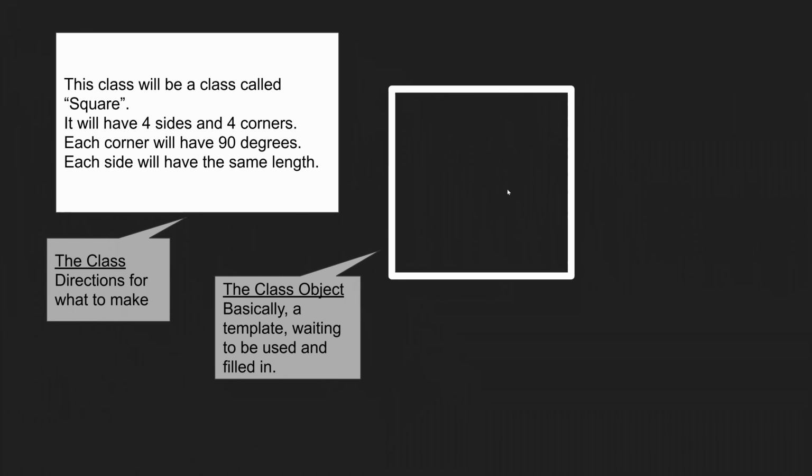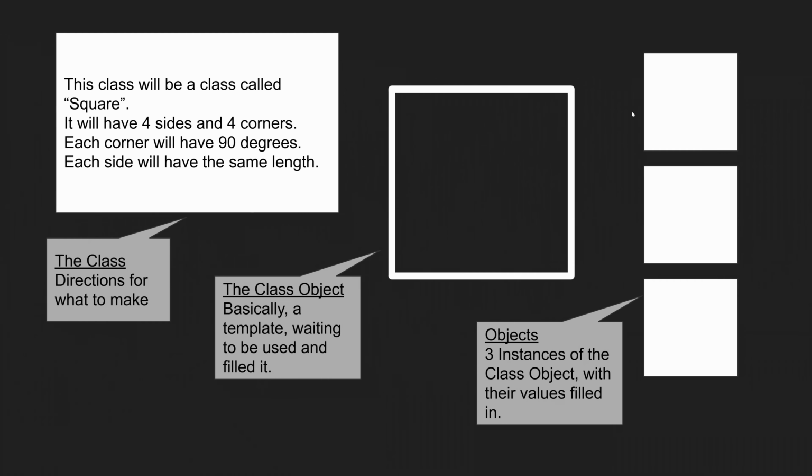The template, cookie cutter. And then you have your 3 different objects, in this case, that are created. These are instances of the class object with their values filled in. These objects are instances of this ethereal class object.